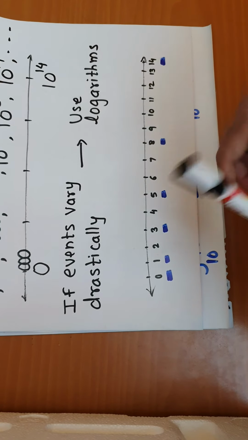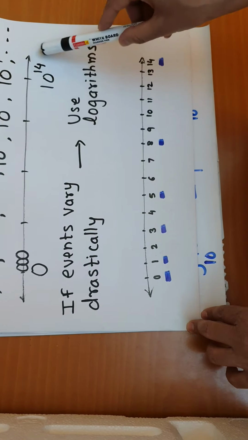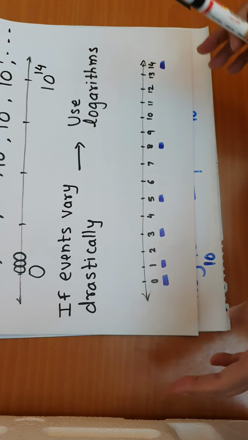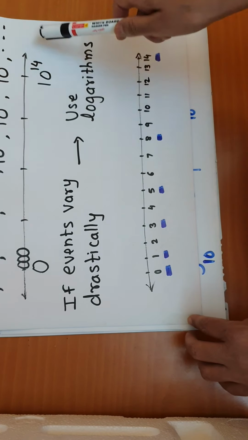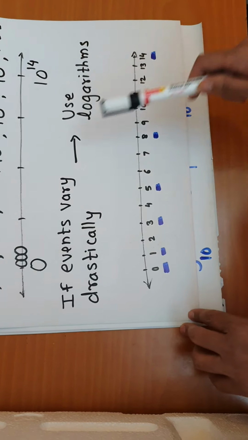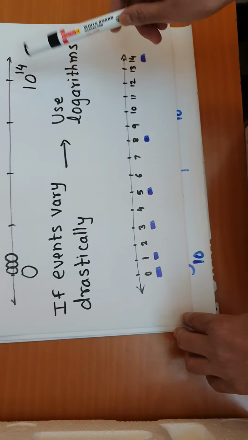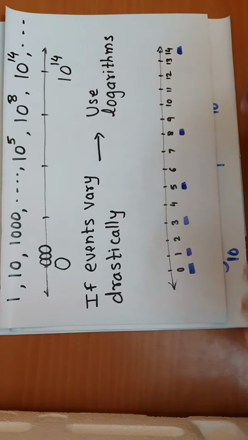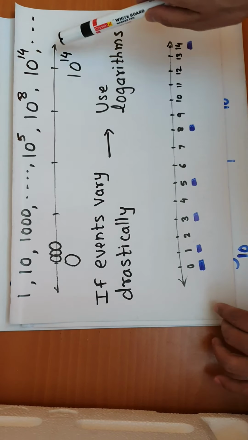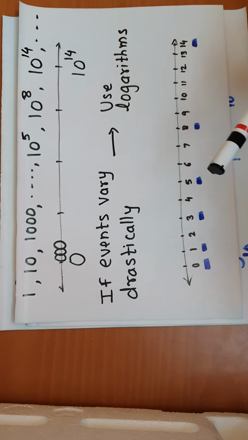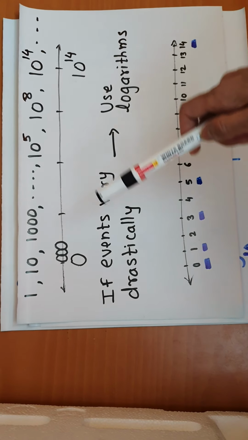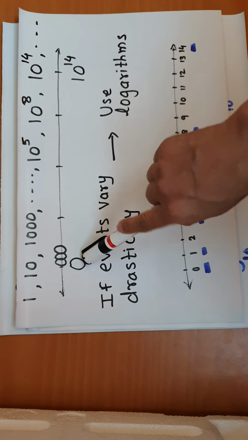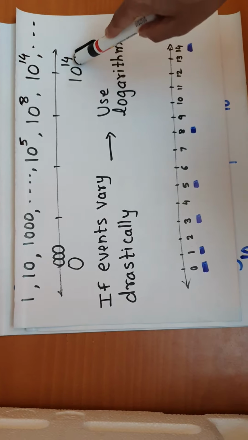If someone asks you to represent these numbers on the number line, then on your small notebook you cannot fit all these numbers. If you try to use natural numbers 0, 1, 2, 3, 4 till 10 raised to 14, then it's impossible to represent all these numbers on the notebook. Secondly, suppose you start with 0 and at the end you write 10 raised to 14.